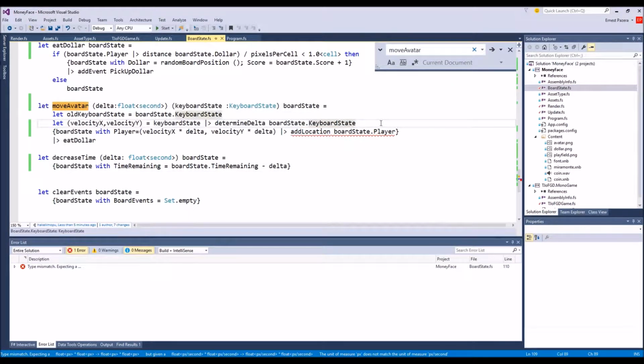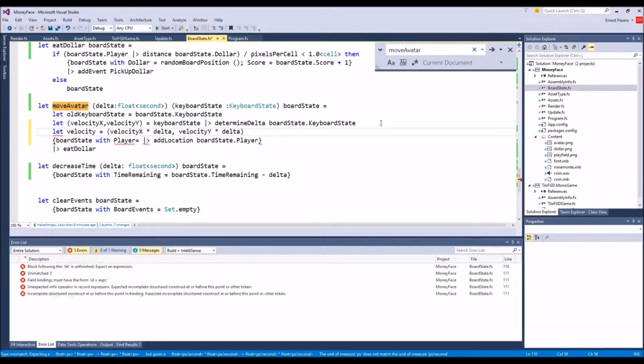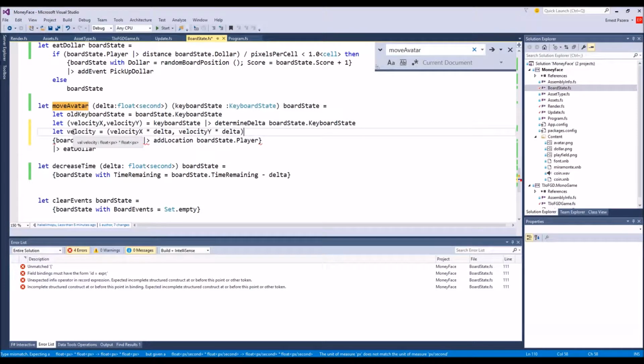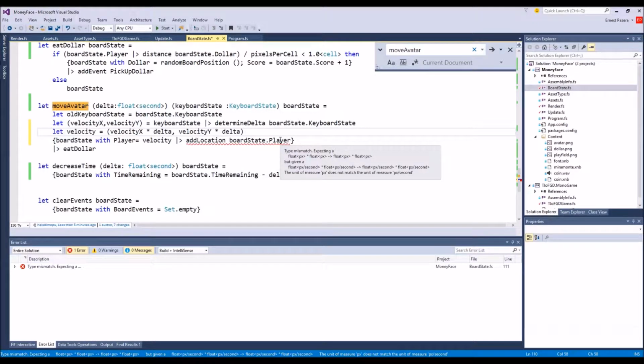I'll say let velocity equal that. Fix that. So velocity is a float px, float px. So then location, board state player, given a, it's very, very strange.